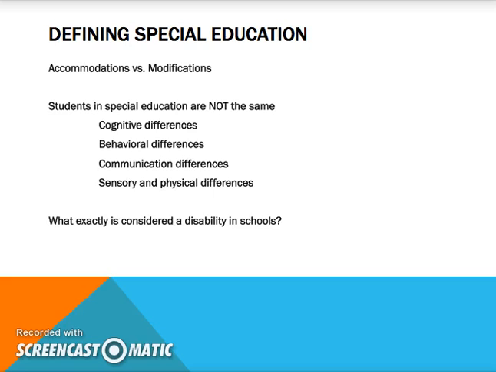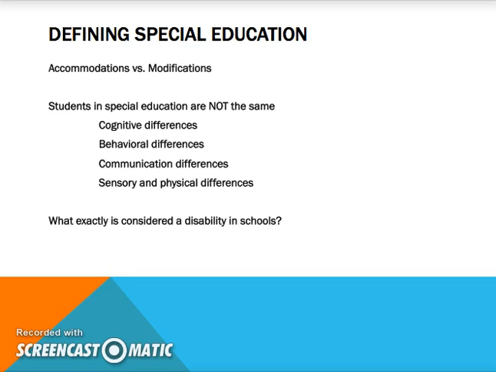Now, another thing I want to point out is students in special education are not the same. Sometimes I think there's a kind of a preconceived notion that a student who's in special education is in special education because they academically can't perform at the same cognitive level as their peers. So they have a lower IQ or they are not as smart as their peers.